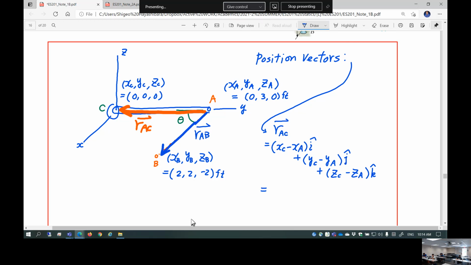This is the notation I use later for something else. Sorry about that. Let's just avoid the confusion.